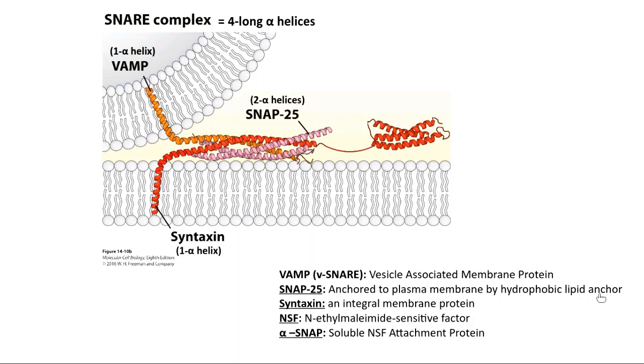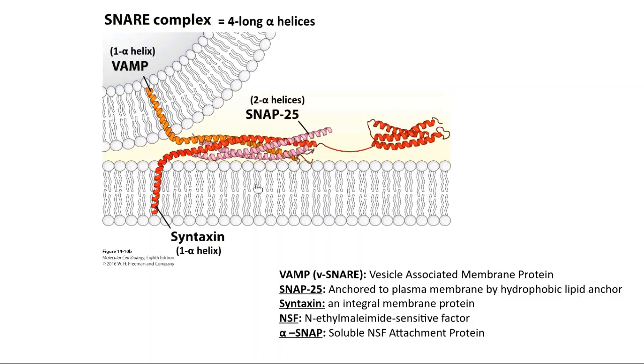Okay, so in this case we are talking about the plasma membrane. So basically, the vesicles which bud off from the TGN and go to the plasma membrane, we are talking about this particular case. So in the case of the plasma membrane, we have these SNAP25s anchored to the plasma membrane by hydrophobic lipid anchors.